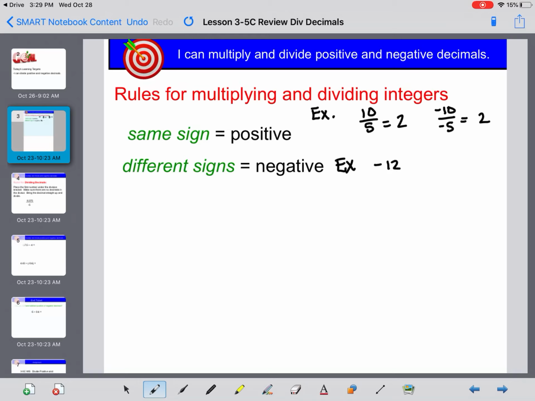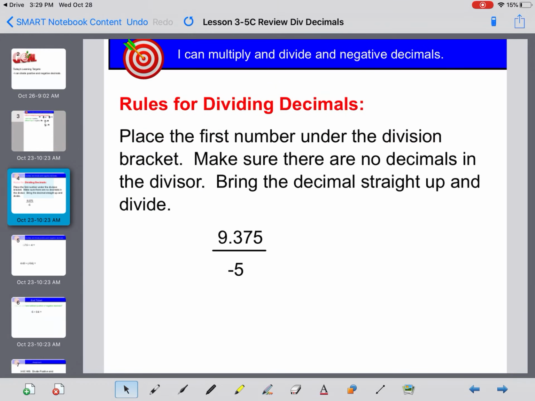For example, negative 12 divided by 4 is negative 3. In the same way, 12 divided by negative 4 is also negative 3. So if you have two different signs, your answer will be negative. Make sure that you're clear on those rules from chapter 1 so we can move on to dividing decimals.